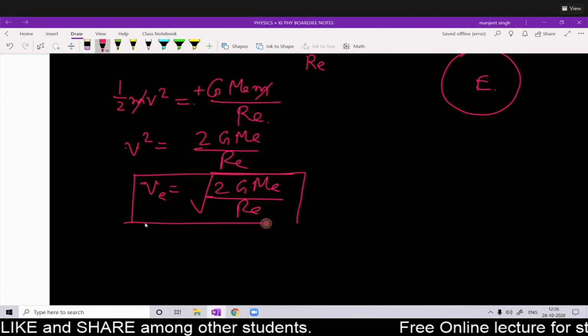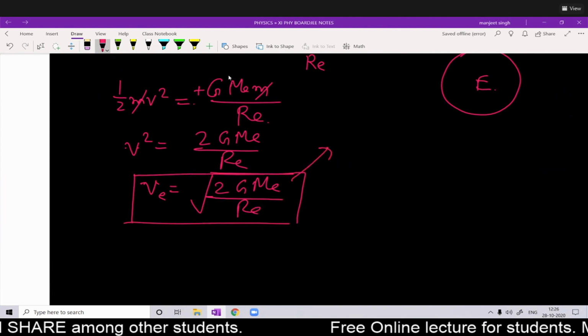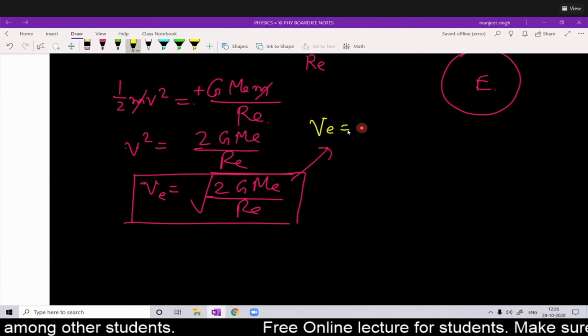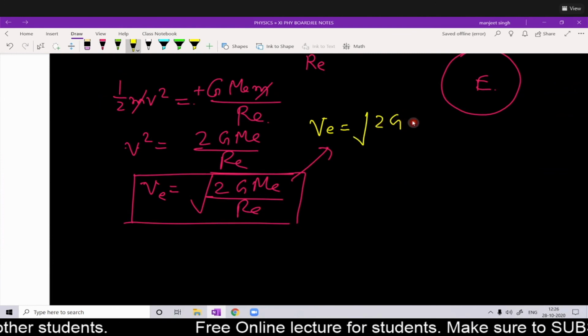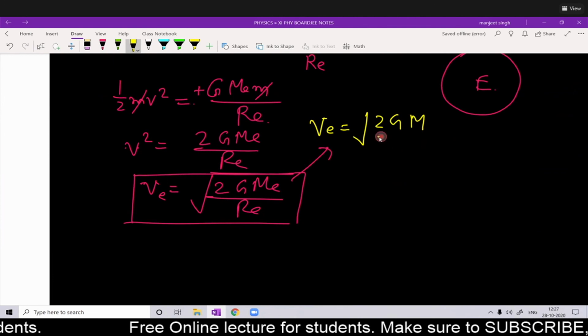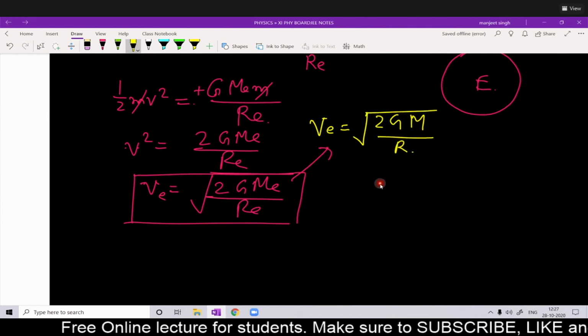And for any other planet, the general formula will be: escape speed is equal to under root 2GM upon R, where M is the mass of the planet from which the escape velocity is being calculated, and R is the radius of that planet.